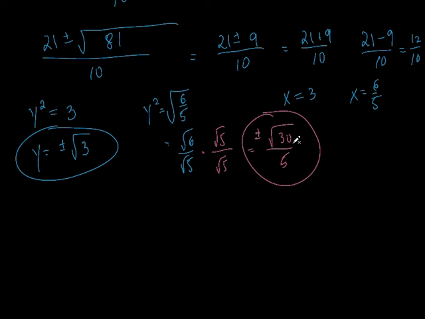Did I mess up somewhere, or did they mess up? Did you see anything I did wrong? Is 6/5 right? Is that 12? That is 12, right? Yeah. And then 2 goes into that 6 and 5 times, 6 over 5. Square root of 6, square root of 5, times square root of 5 over square root of 5, that's square root of 30 over 5. I think they're wrong.